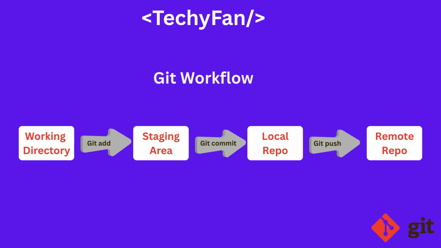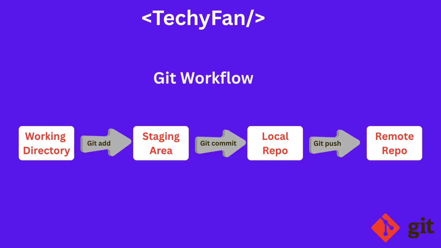First is the local repository, where we work, and next is the remote repository, where we push the code. We'll learn more about it in this video. First we need to install and configure Git. Okay, so far we are going through, and we'll go ahead to the next.